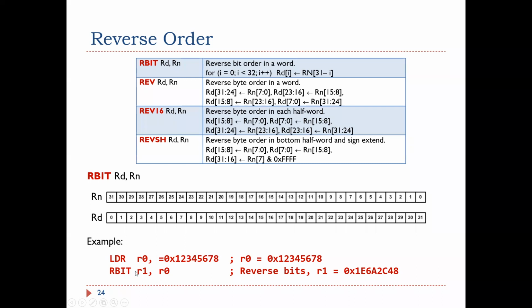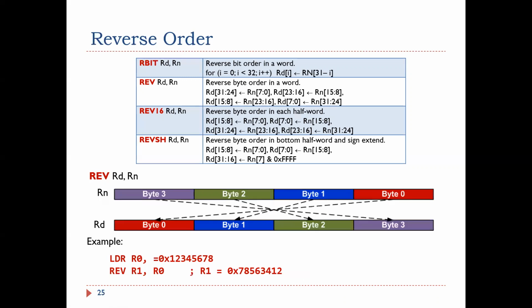Then we do RBIT, reverse bit of R0, and store the result in R1. If you do that, you'll find that we get a complete bitwise reversal of R0, and that result is stored in R1. Since it is a hex representation, it's not so easy, but I hope everybody understands the methodology, how it is done.